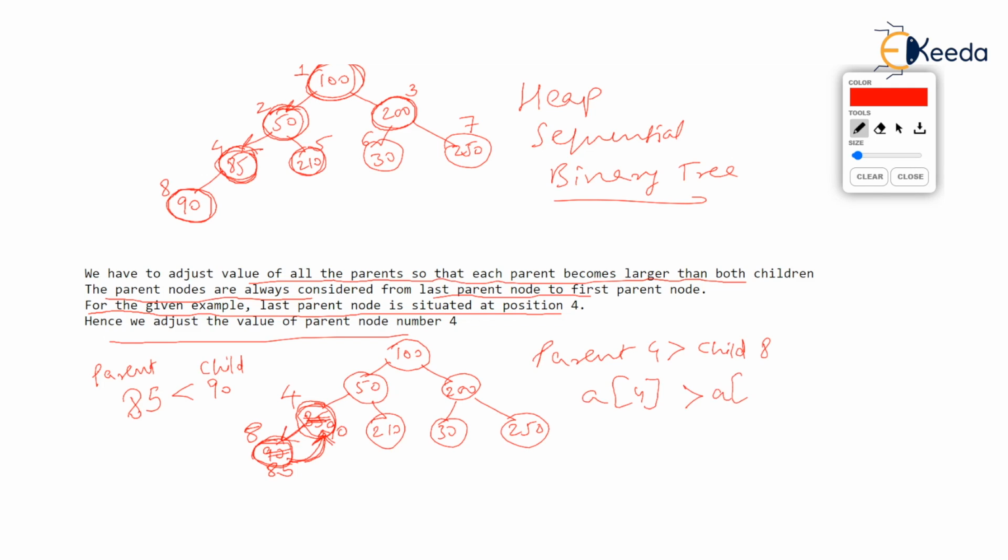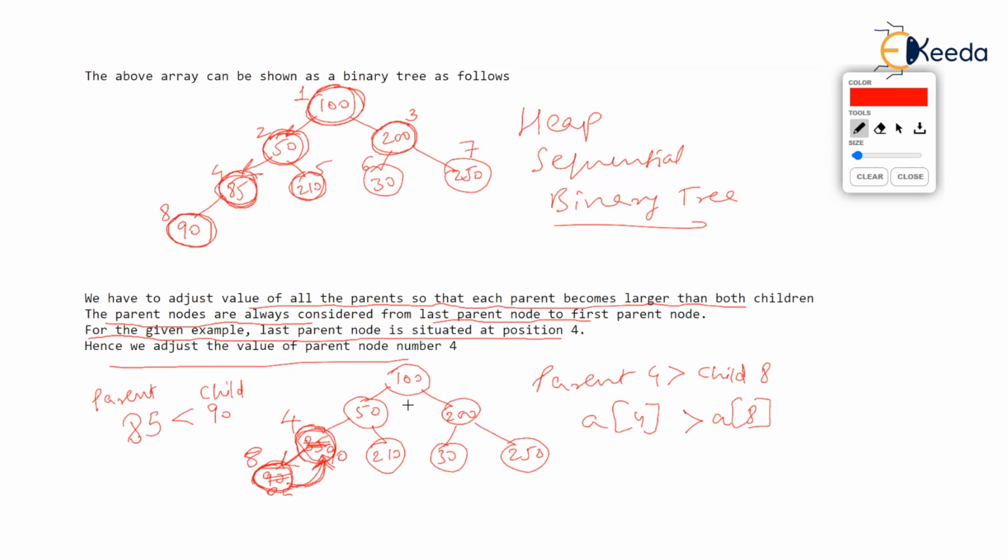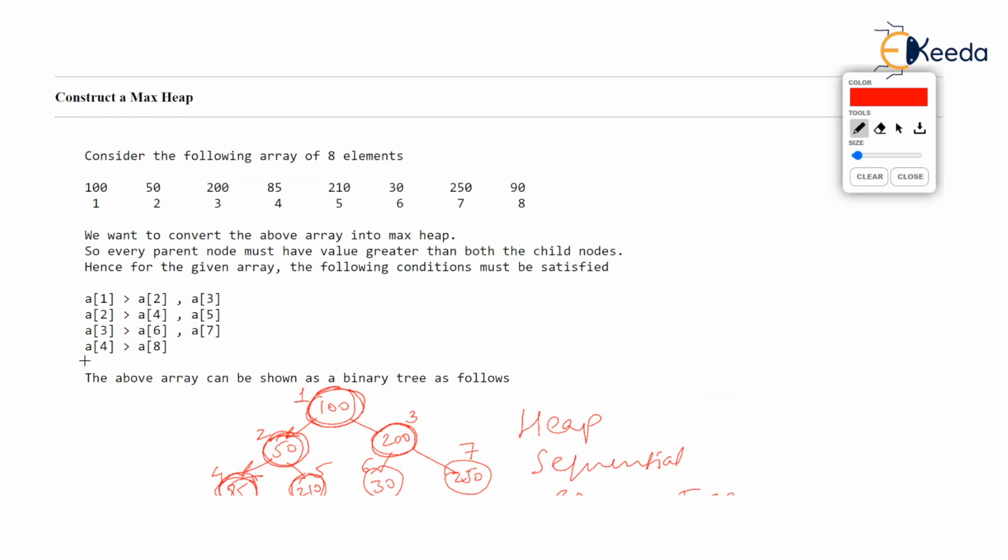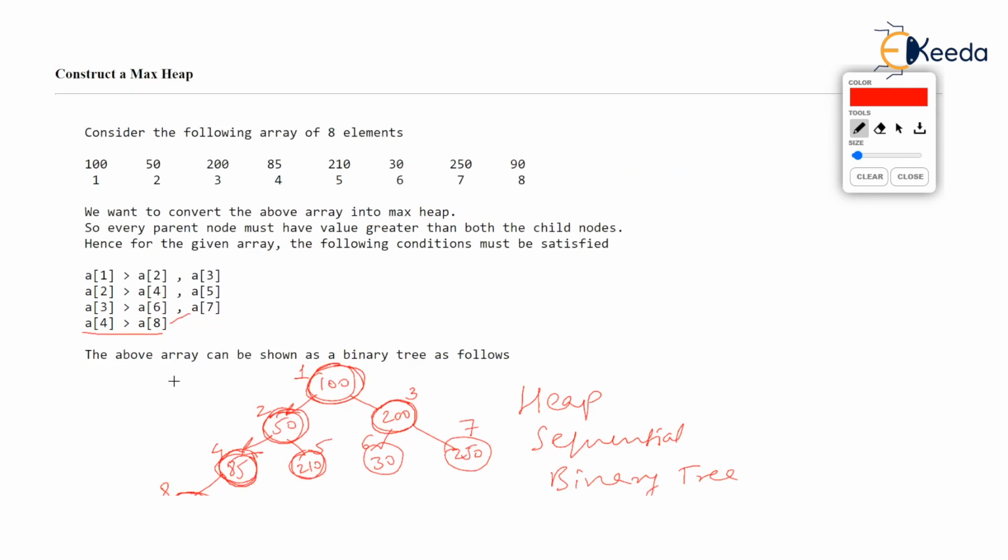Are you following? This is nothing but A4. The fourth node is nothing but the fourth element of the array, and the eighth node is nothing but the eighth element of the array. So this last condition that we wrote has now been satisfied. A4 is greater than A8. Okay, have patience, take your time to understand this.